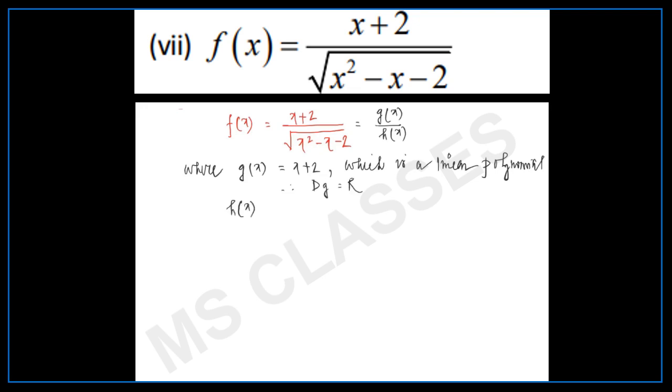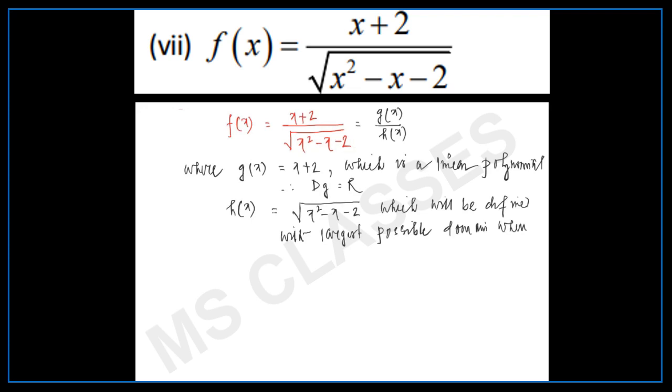h(x) is the square root of x² − x − 2, which will be defined with the largest possible domain when x² − x − 2 is greater than or equal to 0.